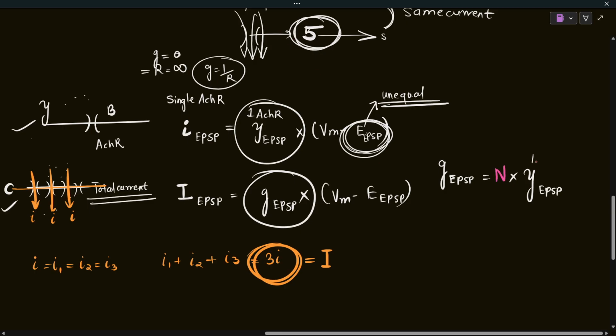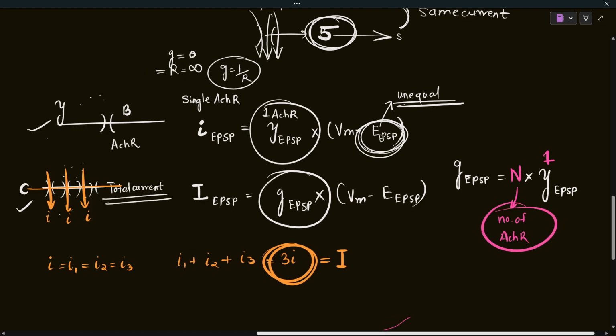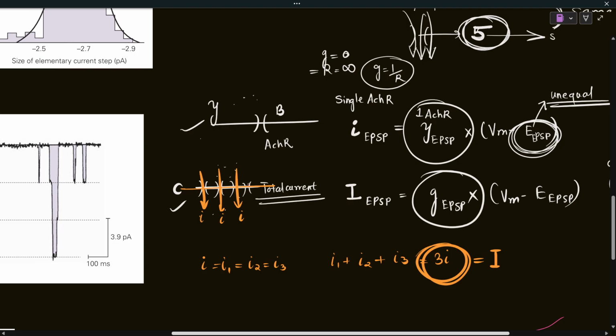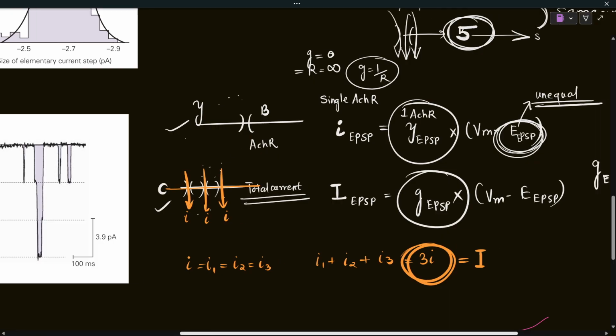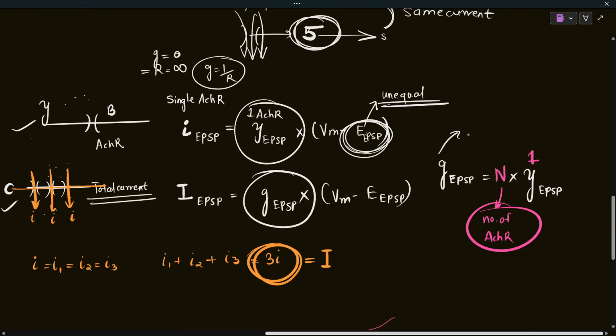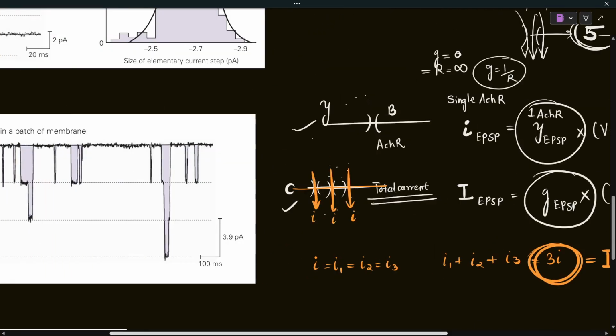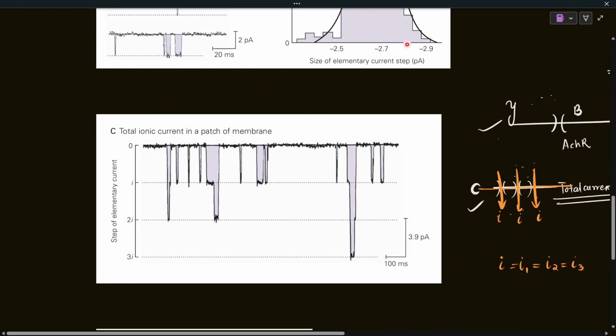Gamma is the conductance due to a single ion channel, while N is the number of ion channels, meaning the number of acetylcholine receptors present on the membrane. If there are three ion channels, the total conductance will be 3 into the conductance due to a single ion channel.